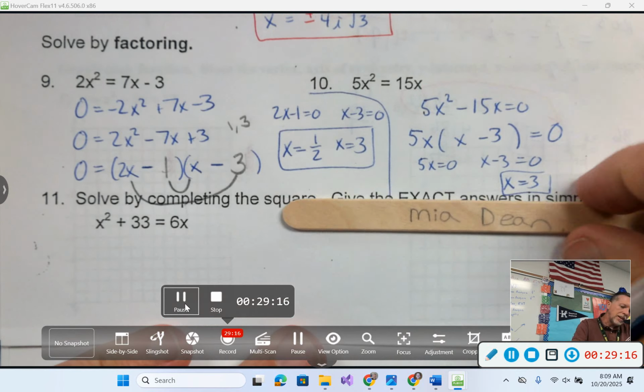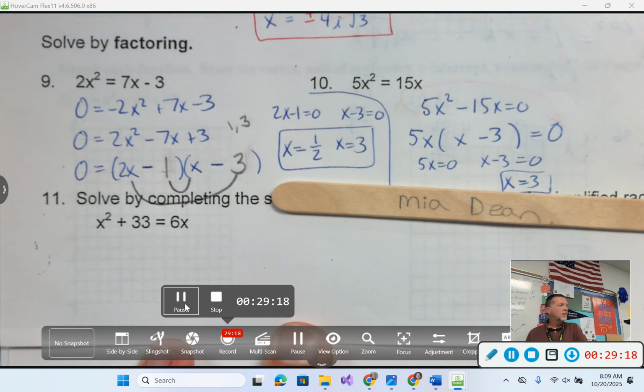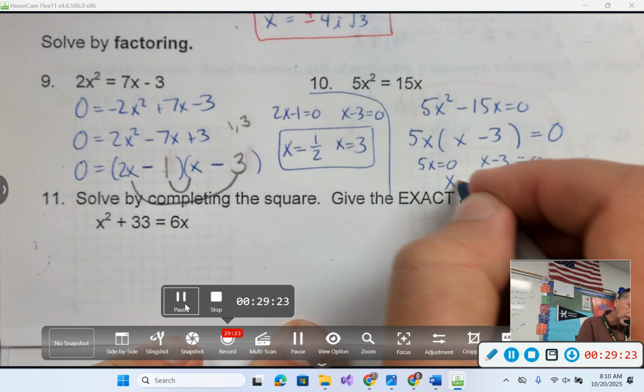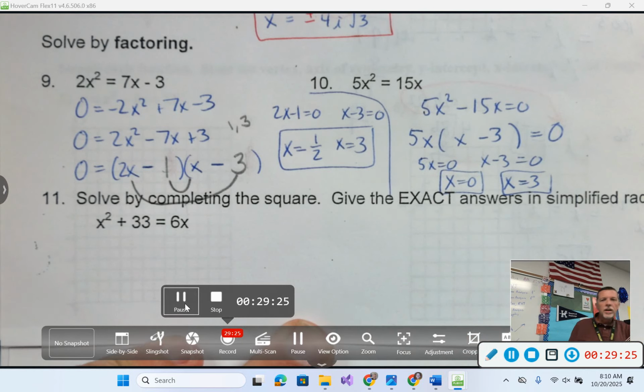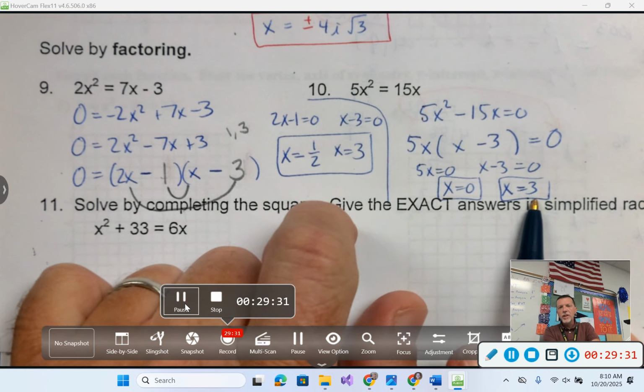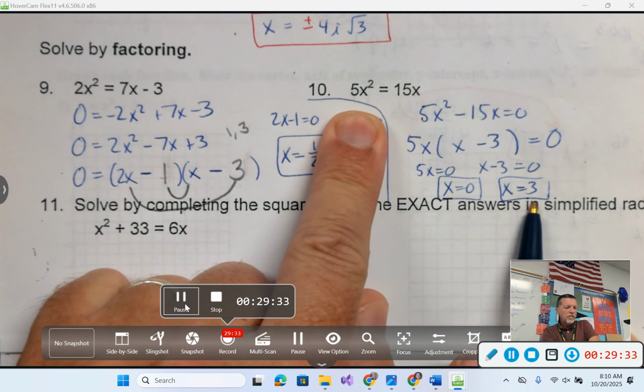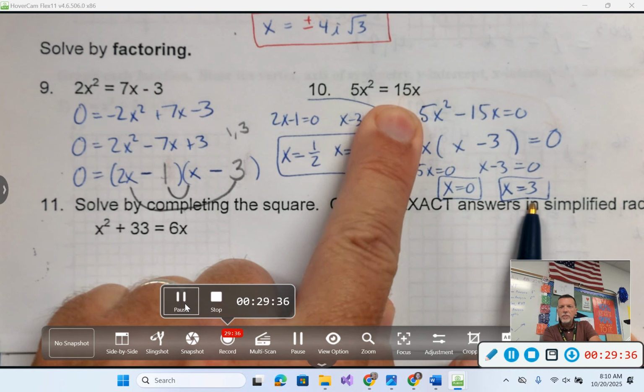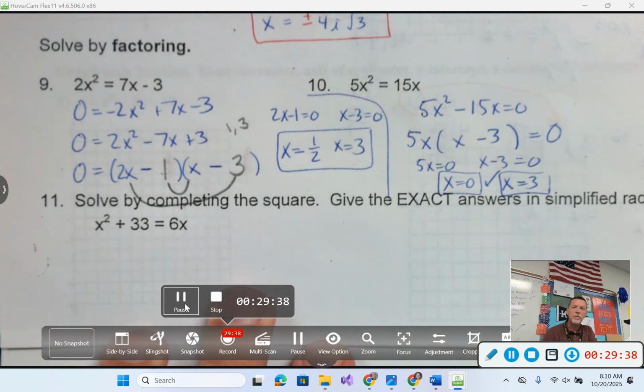But Nia, what about that other one? If 5x equals 0, what does x equal? 0. That would be an easy one to check. 0 definitely works, because 0 equals 0. For 3, 5 times 9 is 45, 15 times 3 is 45, so that's an easy one to check.